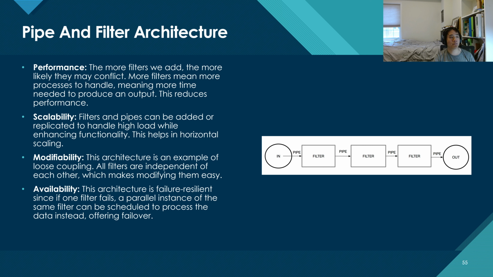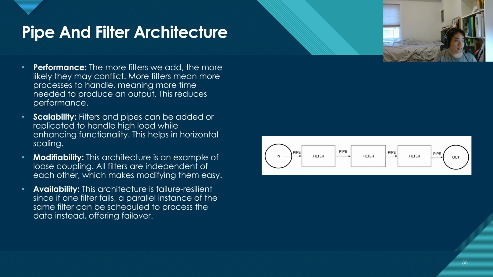You can add as many filters and pipes as you can to cater to upticks in requests. So scalability is actually really good in this architecture. Modifiability: since the filters are loosely coupled, you can change up one filter without affecting the other. So that's a really good thing.